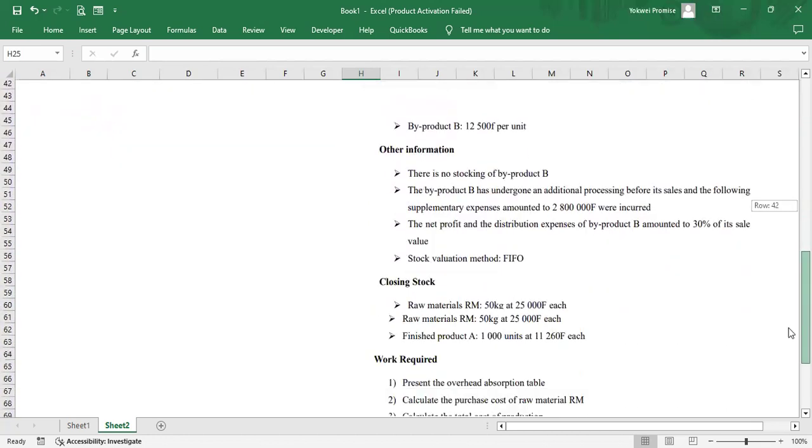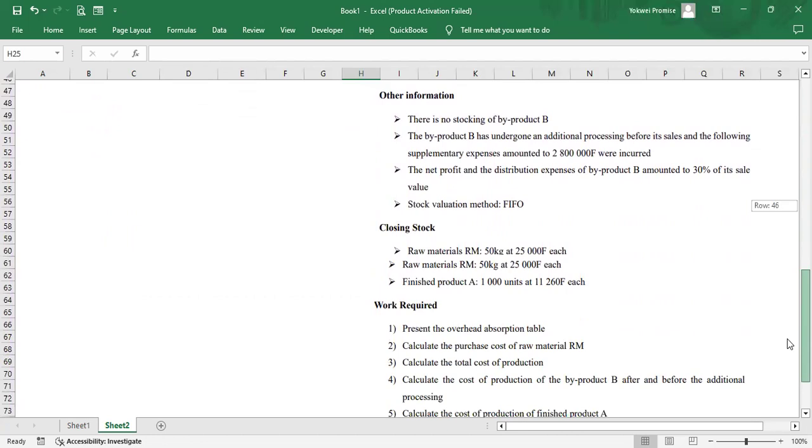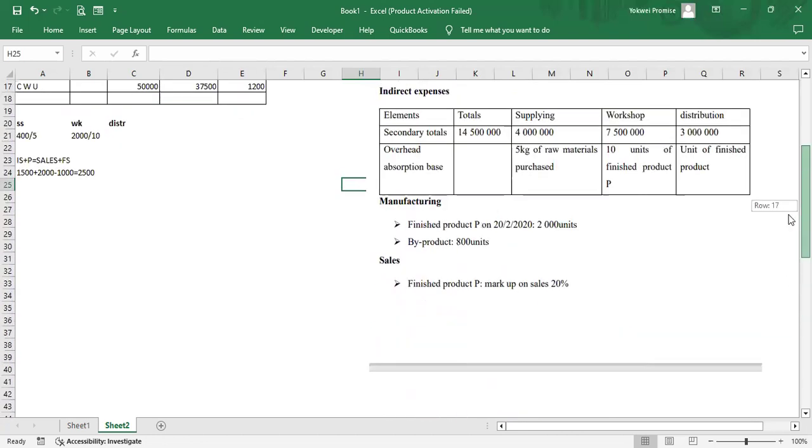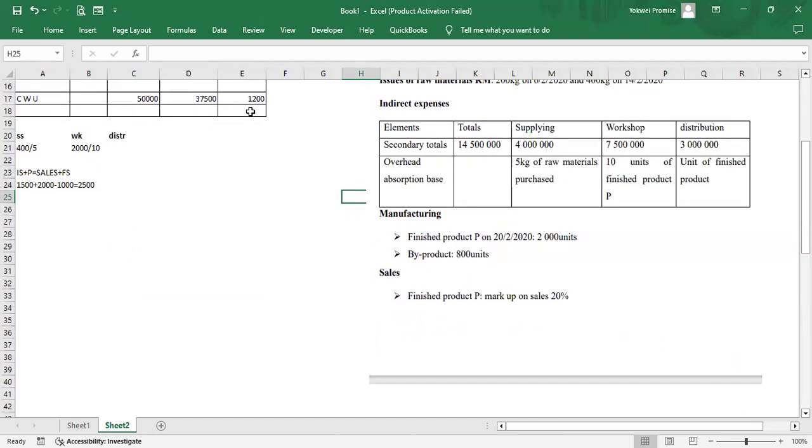Okay, so in the B part they're asking us to calculate the purchase cost of raw material. So we draw the table as usual. Since there is just one raw material, I have a 4-column table. So let's just say calculation of purchase cost. We have 1, 2, 3, 4.